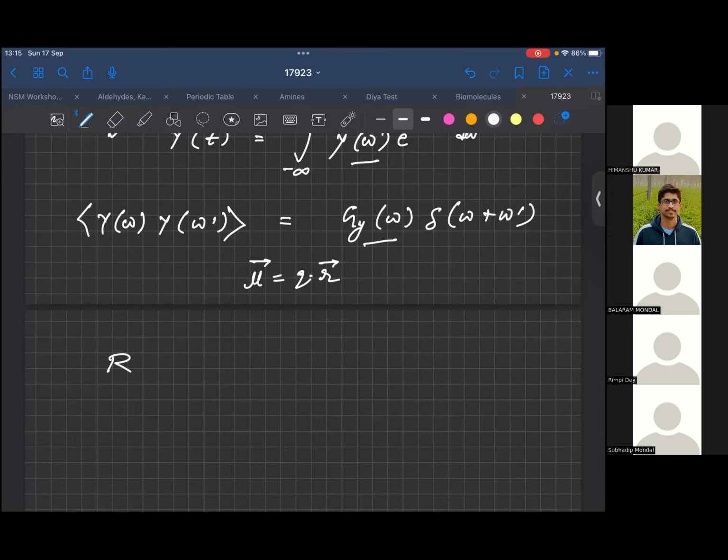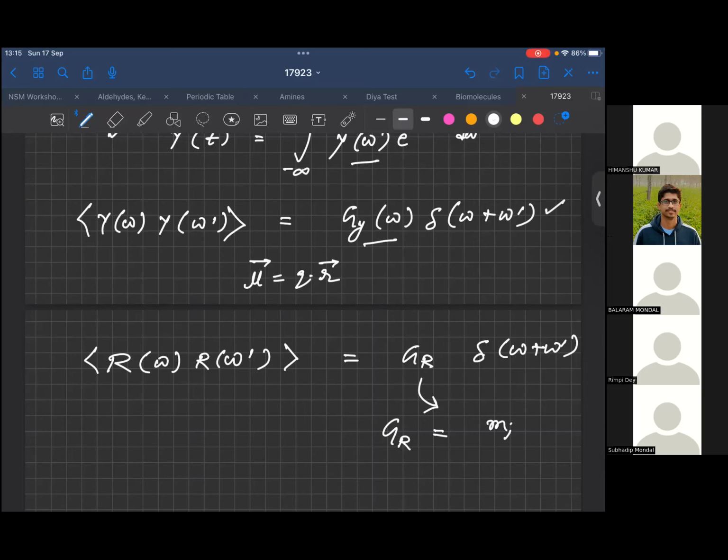So in this expression, if I just replace the physical quantity y by our random force, the power spectrum is given by the friction.